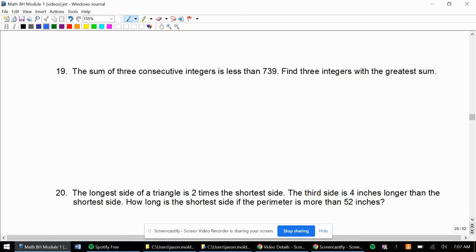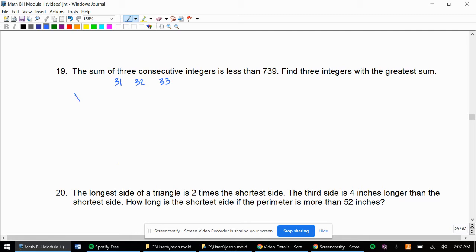And we're going to look at consecutive integers. The sum of 3 consecutive integers is less than 739. Find 3 integers with the greatest sum. So consecutive integers would be like 31, 32, 33. All right, I just randomly picked those.